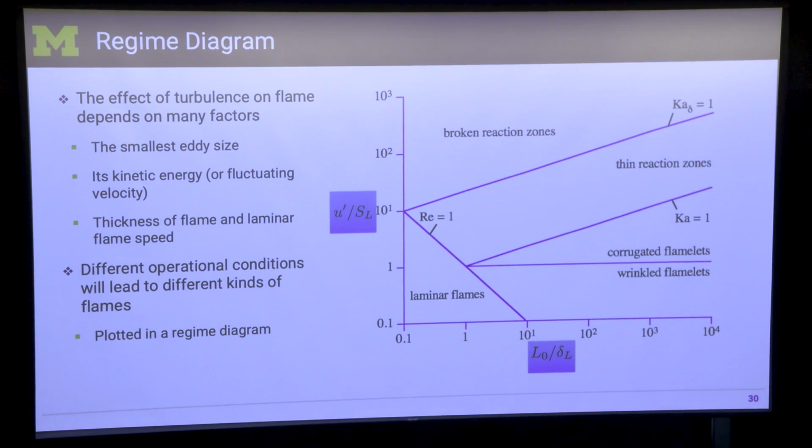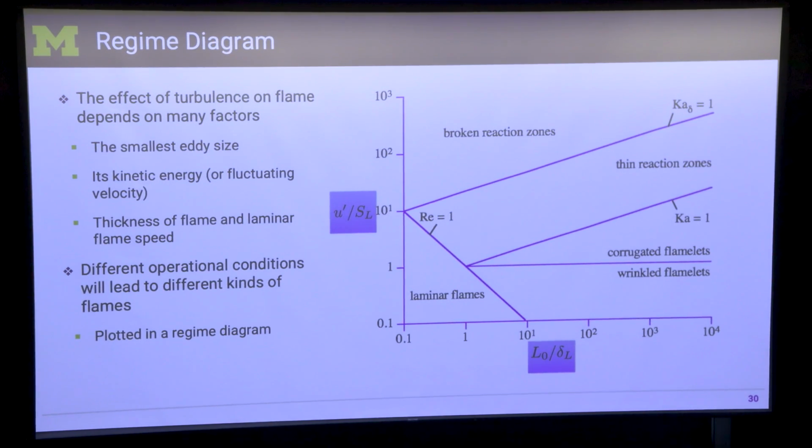Okay? Then you have Karlovitz, which has a slightly different straight line. So the Karlovitz equal to 1 line is this diagonal that looks like this. So it's not orthogonal, but it's different from the RE equal to 1 line. So as you increase Karlovitz number, you're going to have lines parallel to Ka equal to 1, but more and more towards the top left of the plot, right?